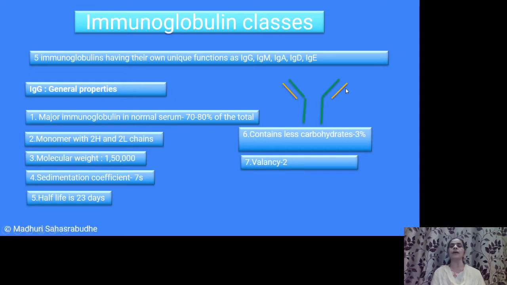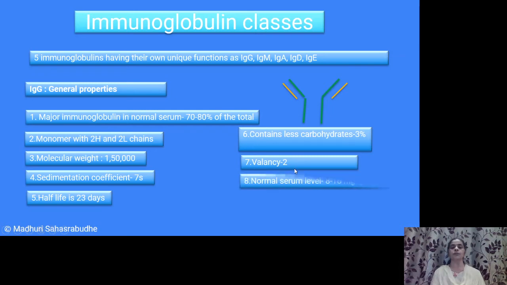A monomer, that is a single immunoglobulin, has 2 FAB sites and therefore the valency of IgG is 2, right? So once again, one immunoglobulin has 2 FAB sites. FAB is fragment antigen binding. There are 2 FAB sites and therefore the valency of immunoglobulin is 2.